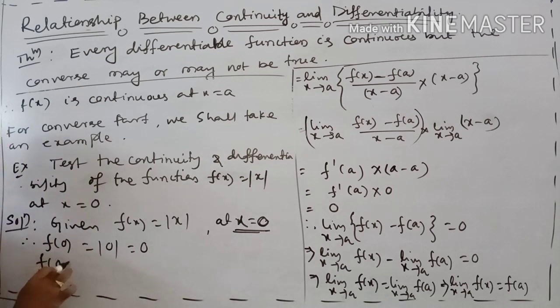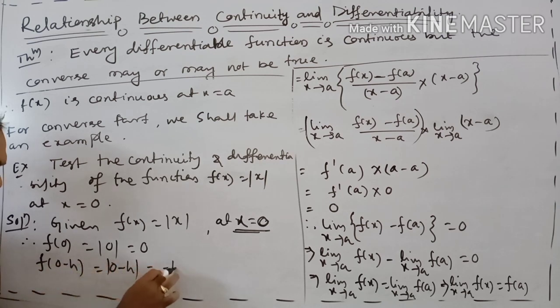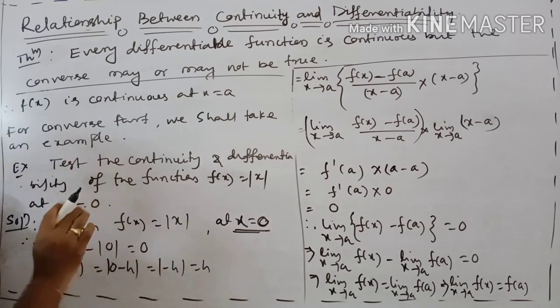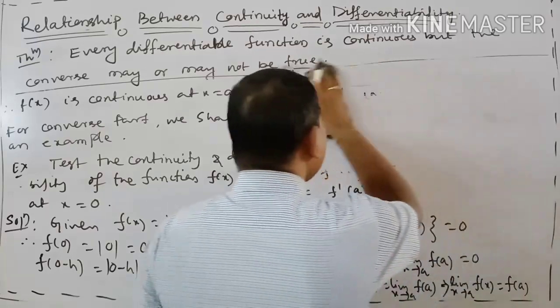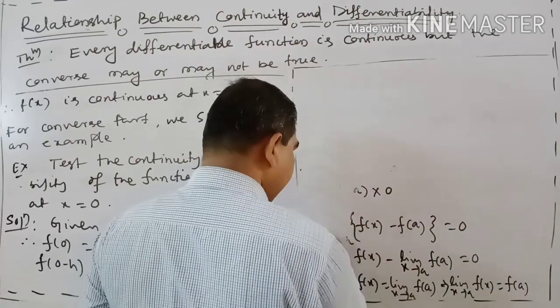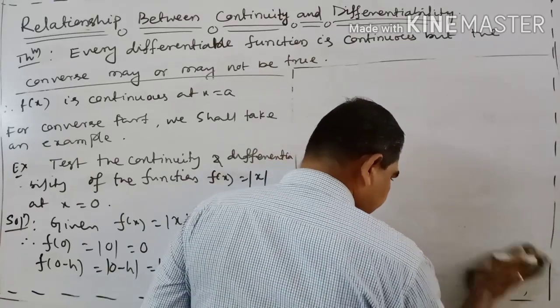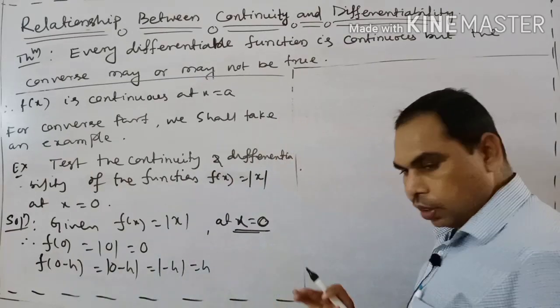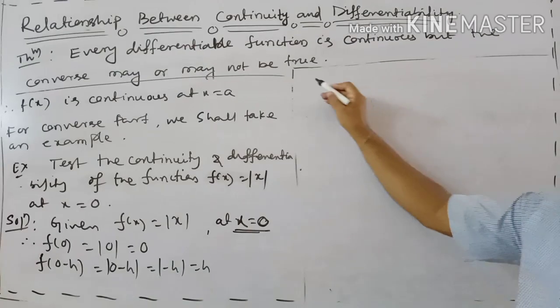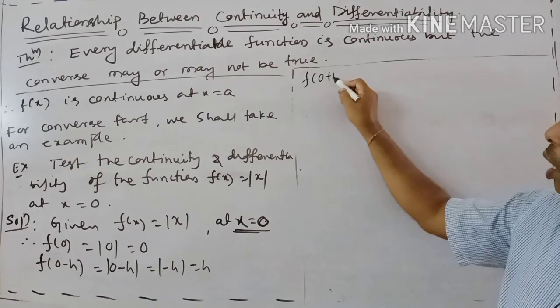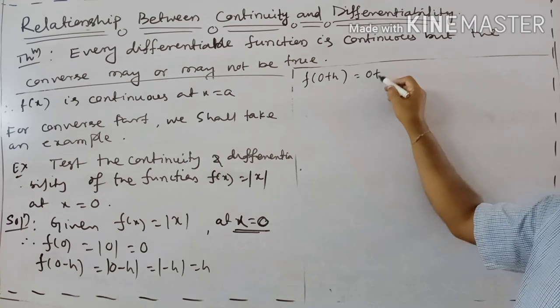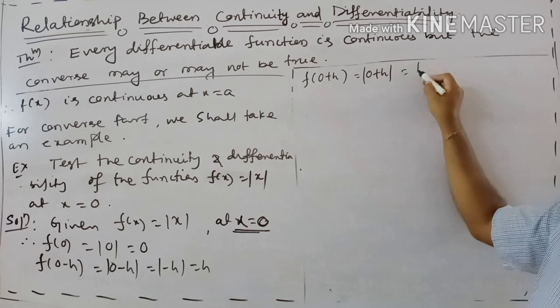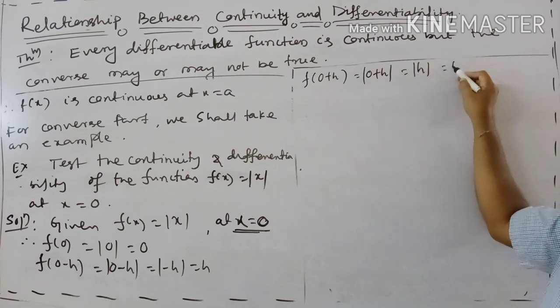Also f of 0 minus h is equal to mod of 0 minus h, which is mod of minus h, is equal to plus h. Next, f of 0 plus h is equal to mod of 0 plus h, which is mod h, is equal to h.